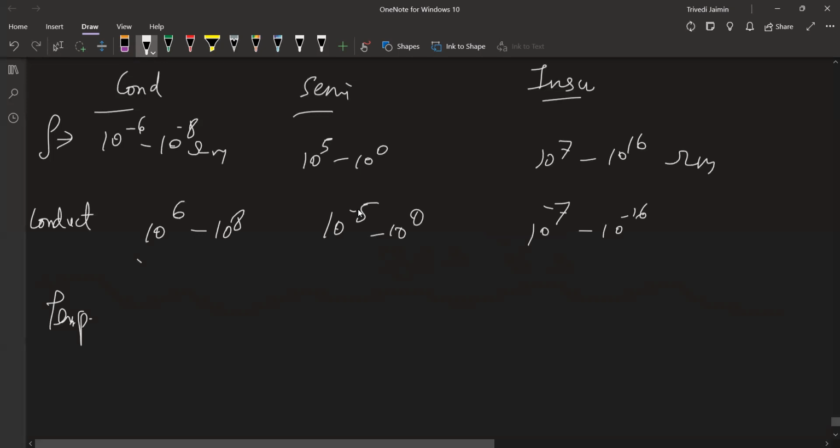Temperature coefficient will be positive, negative, negative.